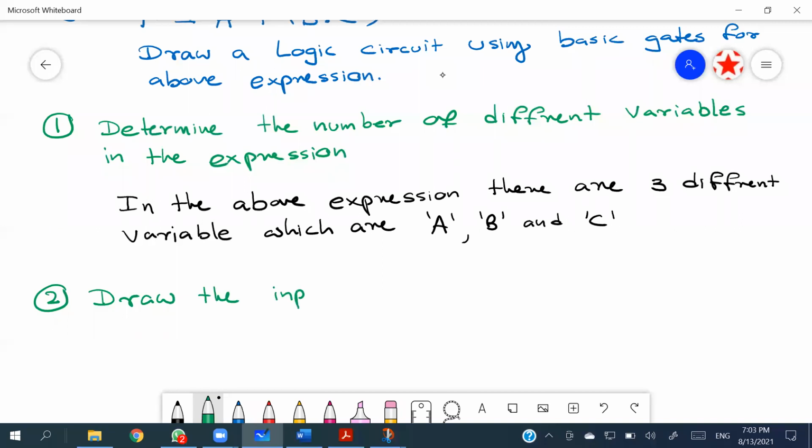So the second thing that you have to do is draw the input lines, for each and every variable. Now, what are these input lines?